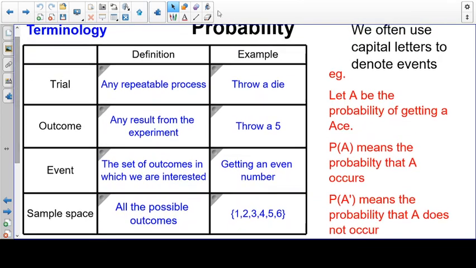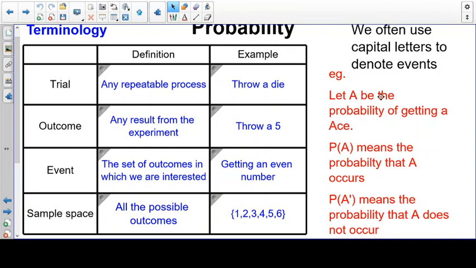We use capital letters to denote events. So it's unlikely that you'll get lots of words to write in terms of descriptions. Sometimes there'll be a context. Other times it will just say probability of A equals, probability of B equals, and there'll be no context. So we use capital letters to represent the event.